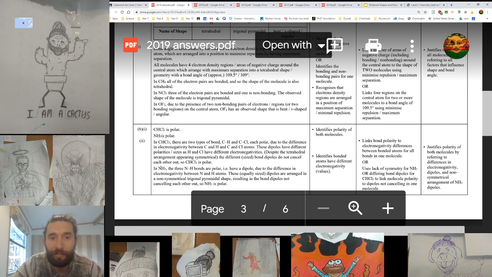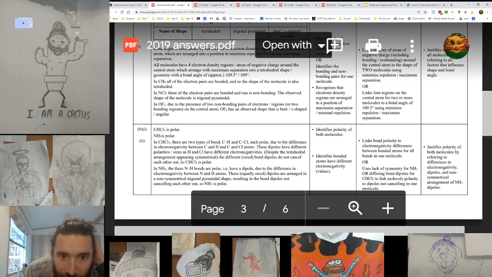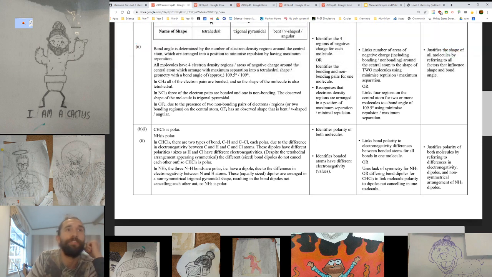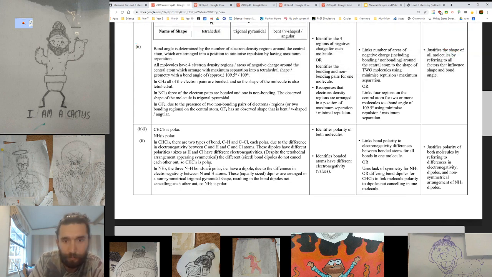These dipoles have different polarities as H and Cl have different electronegativities. They're both bonded to C, but Cl and H have different electronegativities, so the dipoles are different. Despite the tetrahedral arrangement appearing symmetrical, the different sized dipoles do not cancel each other out, so CH3Cl is polar.